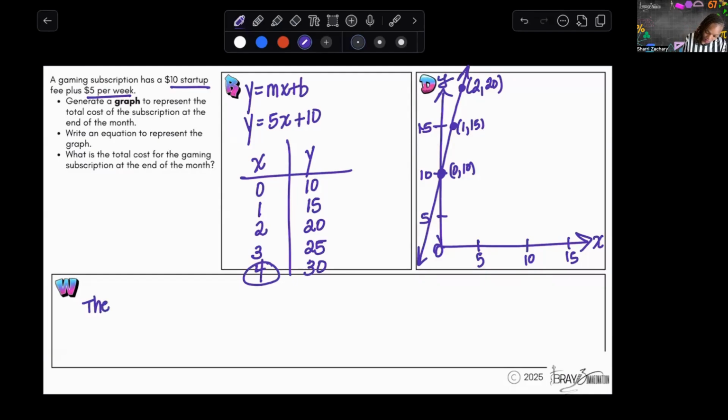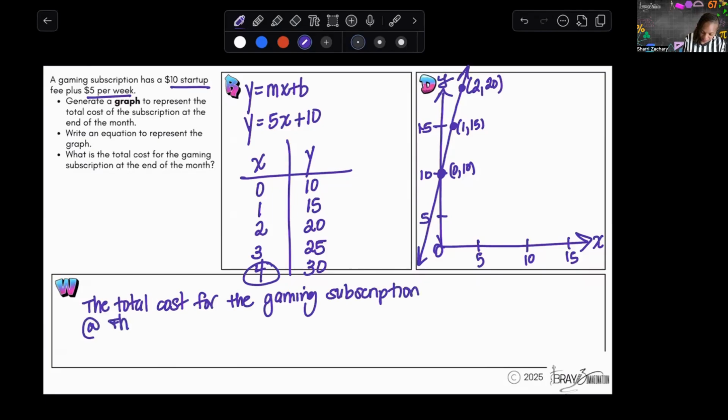The total cost for the gaming subscription at the end of the month is $30.